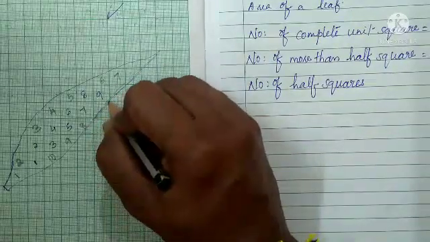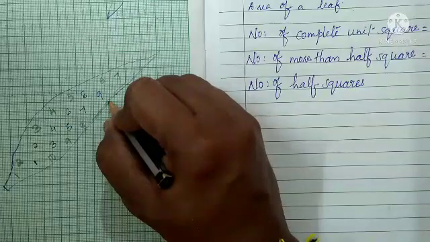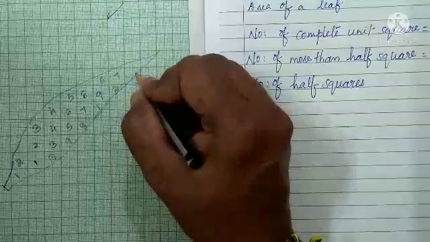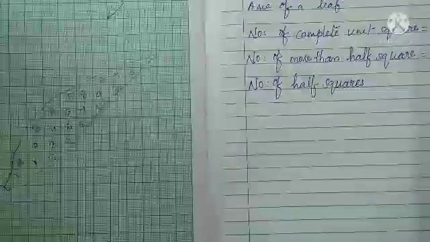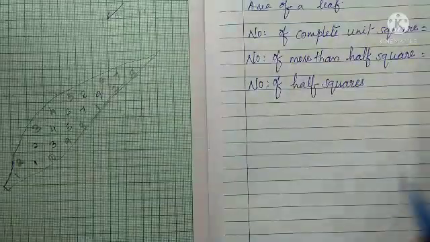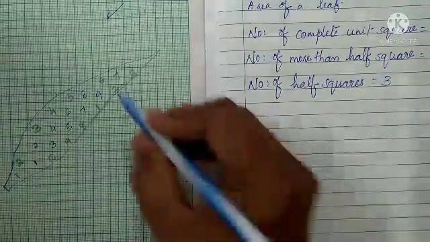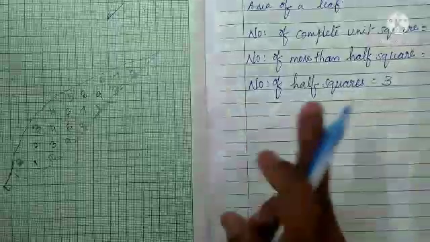I think this is also a half square. So here 1, 2, 3. 3 half squares are there. 2 halves joined together make 1.